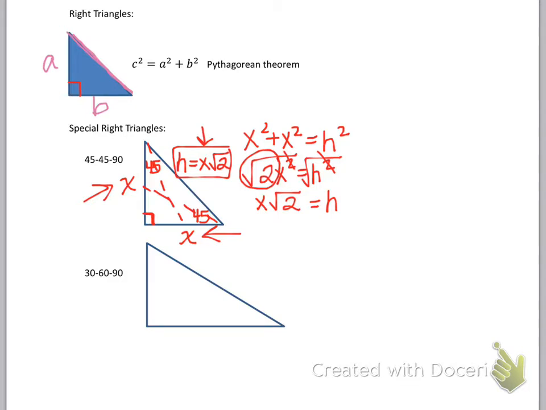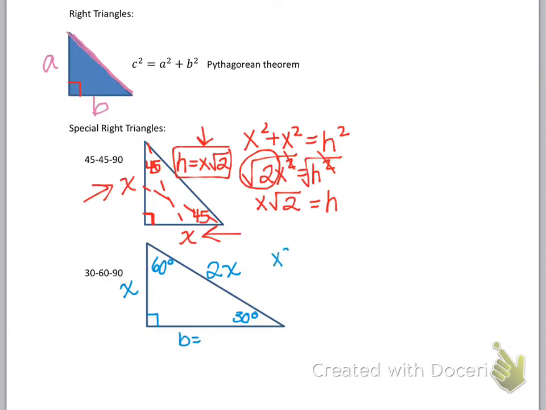Now for 30-60-90, let's say this is our 60 degree angle, this is our 30, and we know this is 90. Then we know that the smaller side is half of the hypotenuse. So if we prove it like we did before, we need to figure out what b is.